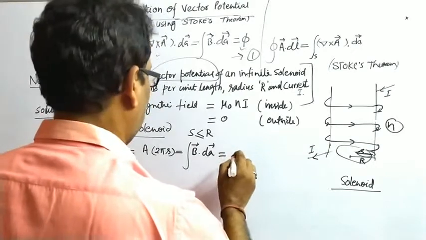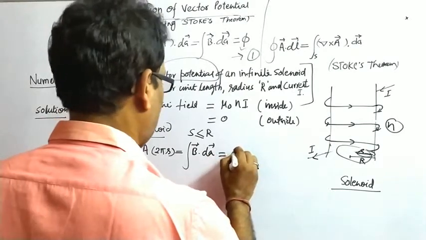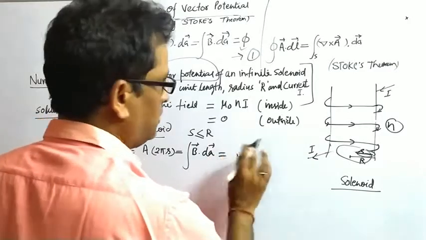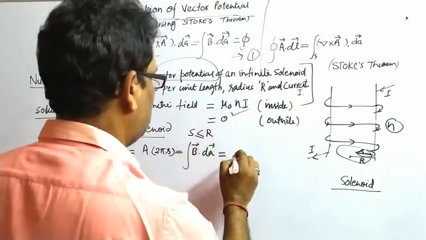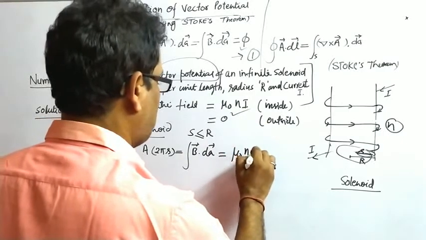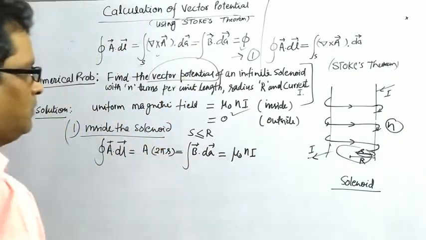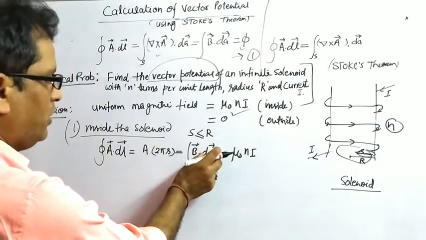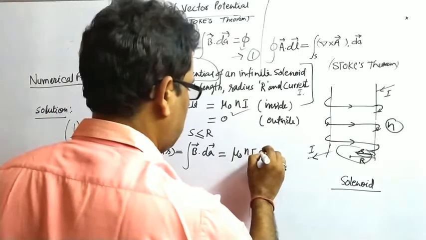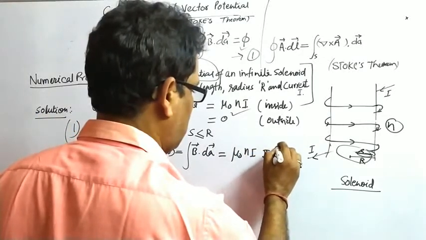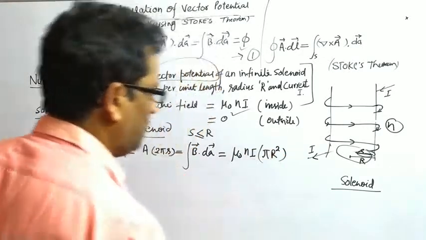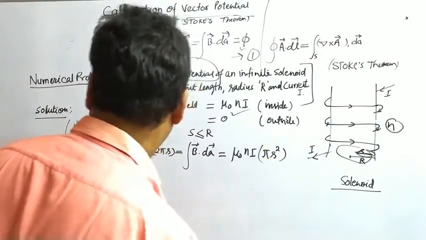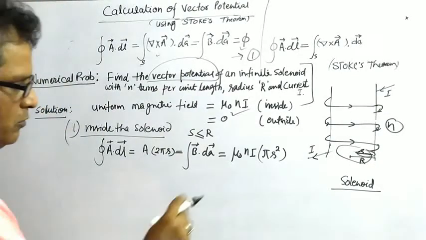So B you can take out, so B is μ0 n I, and area, if I integrate this small area, then it will give you the surface area of the loop, which will be πs², because I am considering a loop that lies inside the solenoid.